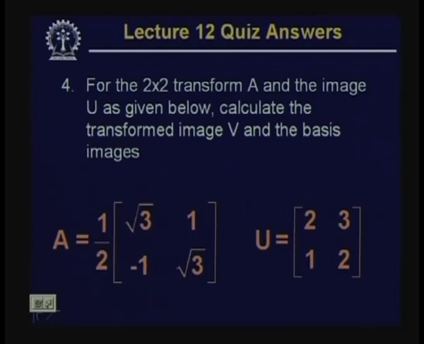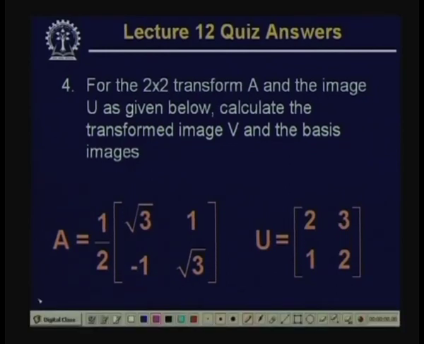We had taken an example of exactly similar nature during our lecture, and there we said that if you have the transformation matrix and the image, then the transformation coefficients V can be easily obtained as A U A transpose, where A is the transformation matrix and U is the image. So, just by replacing the matrices A and U in this expression, we can get the coefficient matrix V.